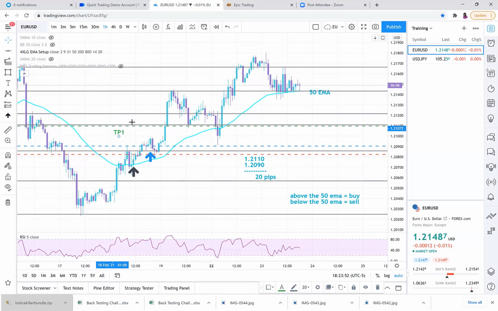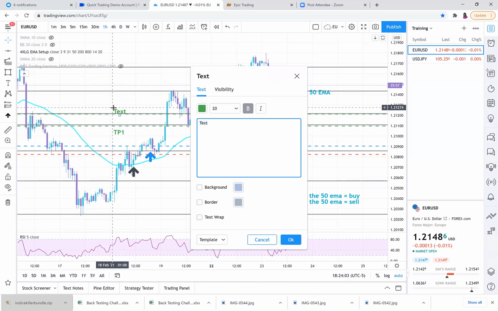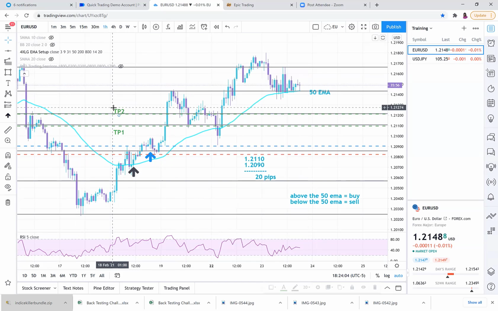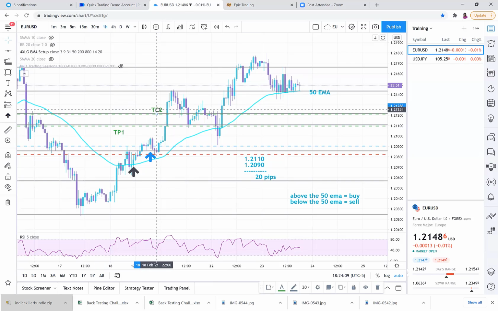Let's click on it. I'm just going to copy it. And so for the second zone, maybe that could be our TP2. And maybe we're happy with that. You can tell at that point, price begins to pull back. It's pulling back to the zones. It's actually pulling back and retesting the 50.